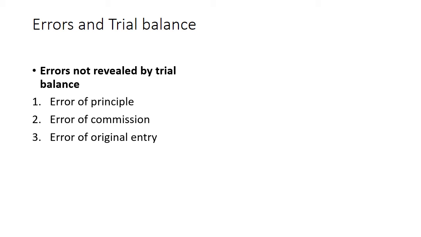The third one we have is error of original entry, where a wrong amount is recorded in both double entry accounts. For example, someone has paid £100 as an insurance expense, so expense has gone up. The normal way of dealing with such a transaction is you debit the expense account, which is your insurance, and then you credit your bank account with £100, because £100 was the expense.